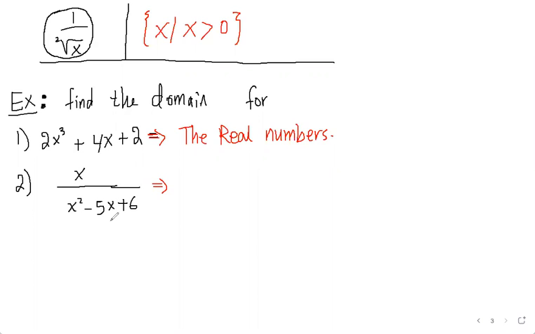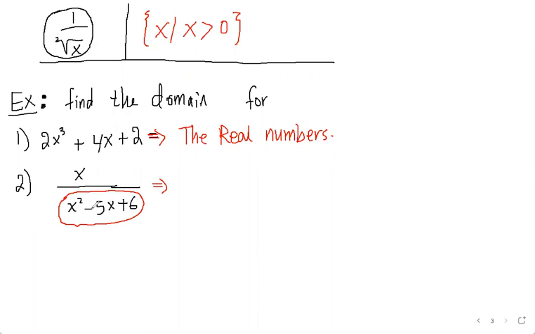So it will be defined. For the denominator down, I can't divide something over 0. So I need to remove the 0 from the denominator.